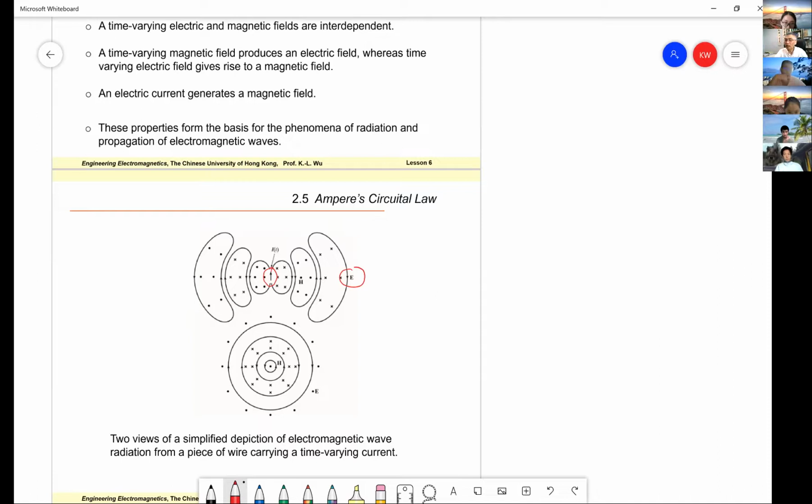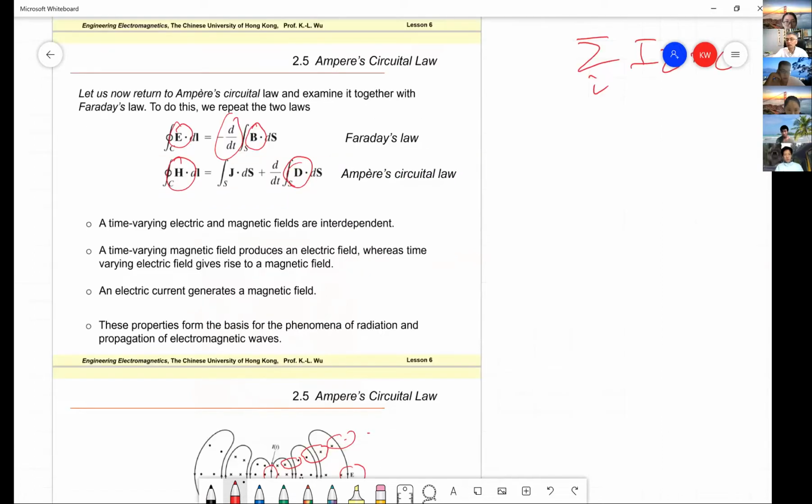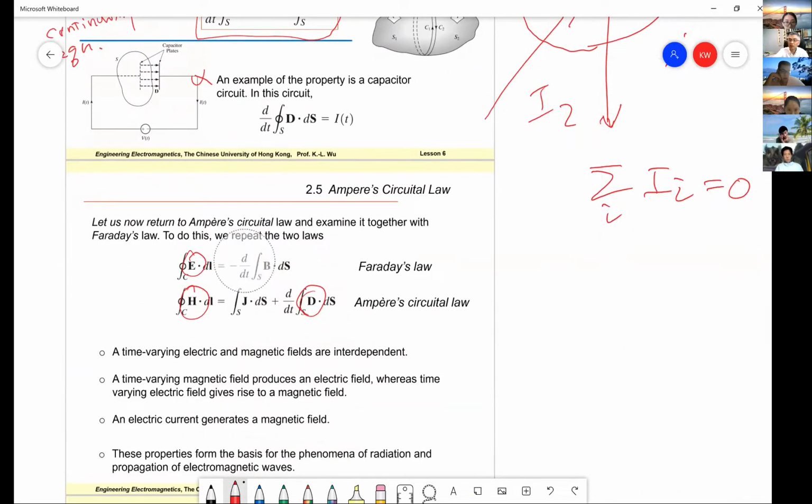They all interlace, because this direction is going out and this direction is going into the paper. This picture is a mathematical solution of these equations.